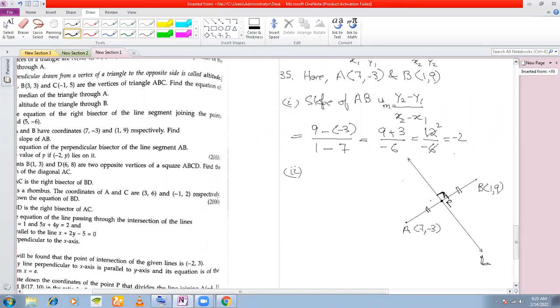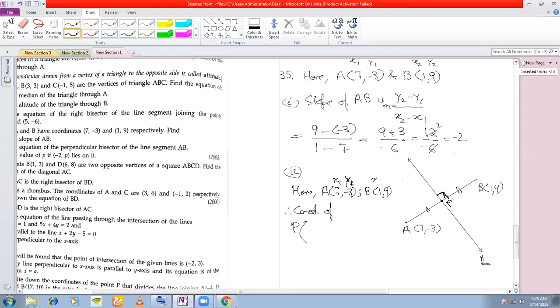We need to find out the equation of the perpendicular bisector of AB. So how do you find it? First of all, see that P is a midpoint. You can find out the coordinates of P, right? So let's find the coordinates of P first. Here A is 7, minus 3 and B is 1, 9. Therefore, coordinates of P is x1 plus x2 by 2, y1 plus y2 by 2, right?